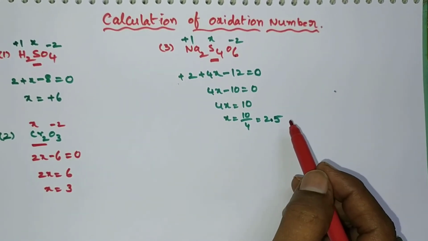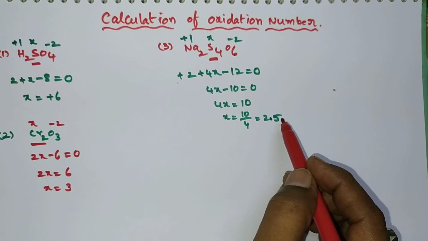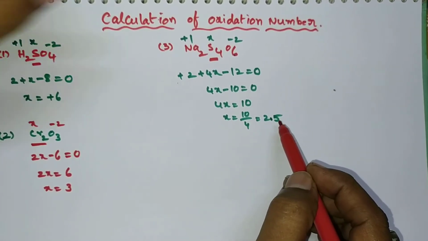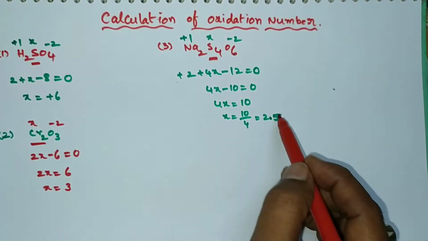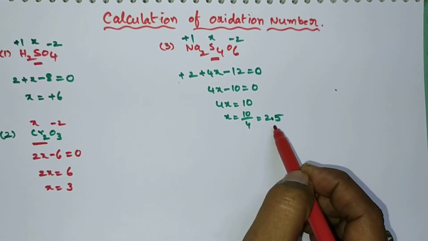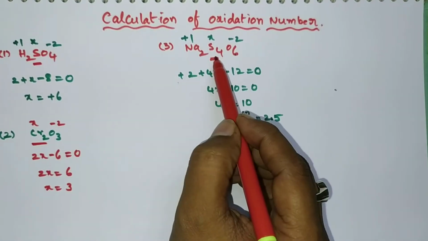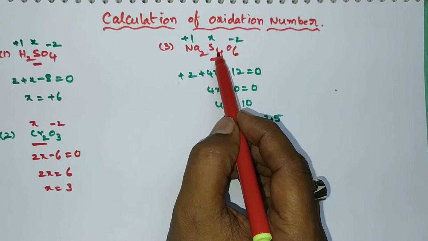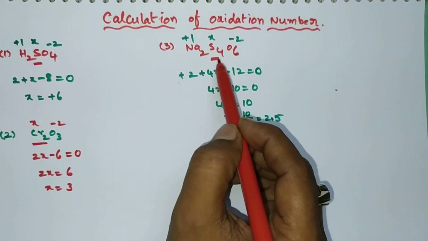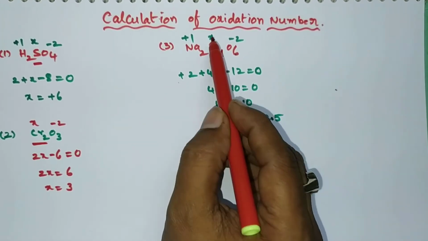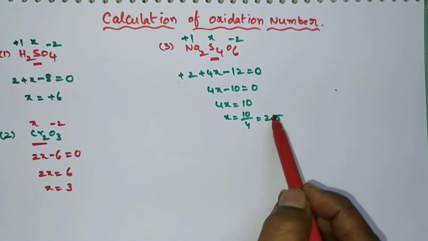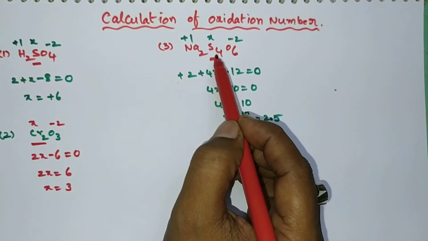Is it possible? No. So this 2.5 is not the exact oxidation state of sulfur, it is the average oxidation state of sulfur. In case the molecule consists of 2 or more atoms of the element whose oxidation state is to be calculated, then we get the average oxidation state of the element. Okay, clear?